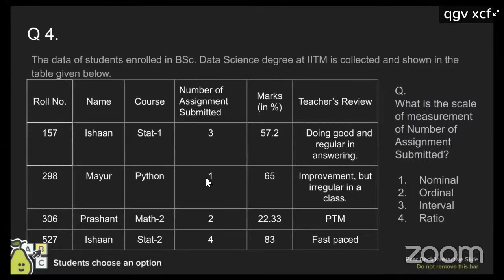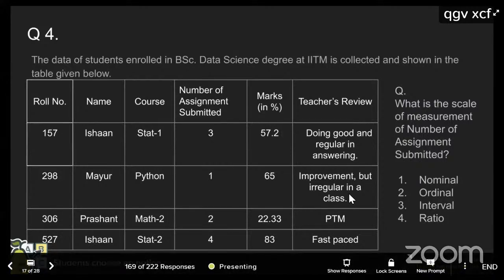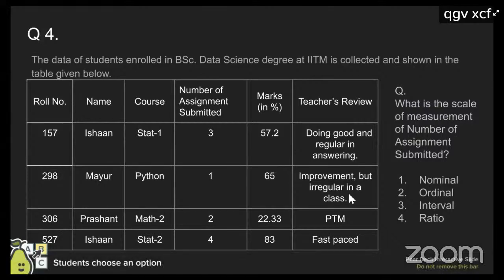So can I do 4 divided by 2, or 2 times 2 equals 4? Multiplication is included. My number of assignments is 2, can I do times 2 equals 4? Yeah, that is the meaning.